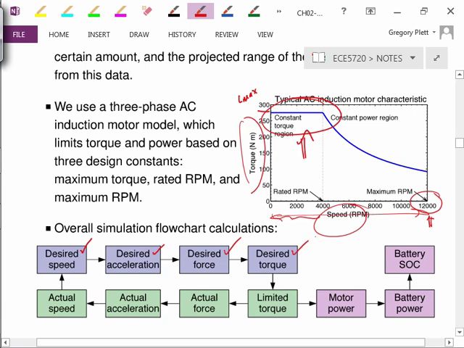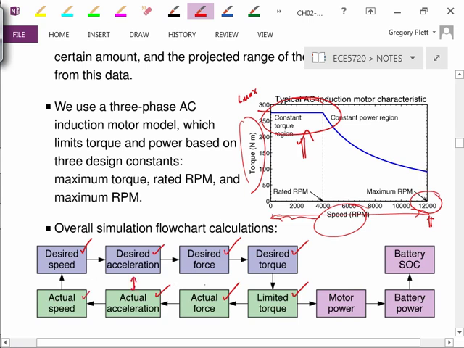There are limitations to the torque we can produce, so we limit the torque based on what the motor maxes out at at this RPM, etc. And that then lets us compute an actual force, an actual acceleration, and an actual speed.